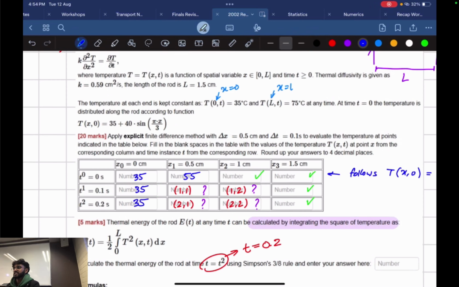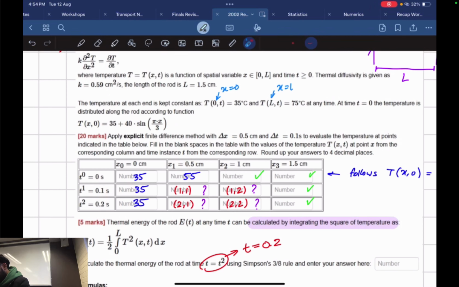What do the rows affect? Rows, like 0, 0.1, 0.2, the seconds? You sub that in anywhere or not? We will sub it in at one point, and I'll show you. Right now, I'm not doing any math. I'm just filling out the table with the information they've provided, so I'm not using the explicit formula just yet.